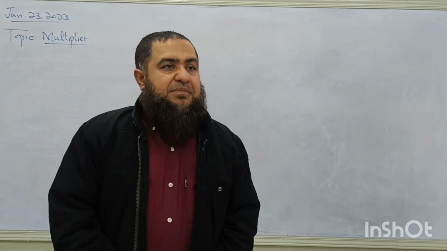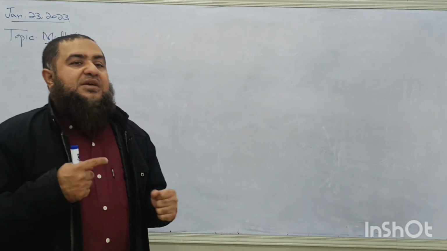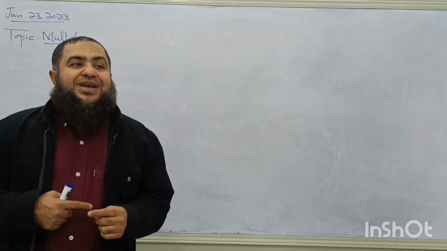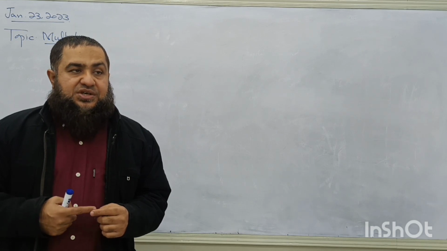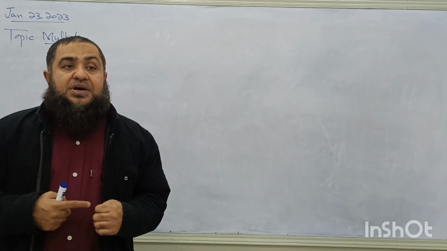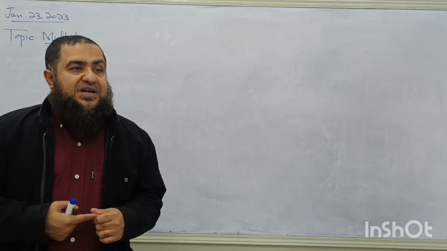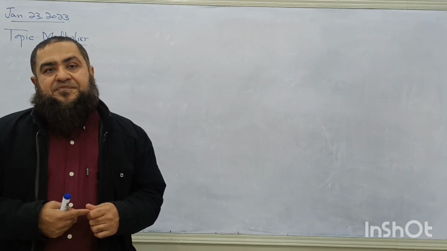Clear? So multiplier means how many times national income will be multiplied due to an increase in any injection or any autonomous variable. Autonomous means which is not dependent upon national income.